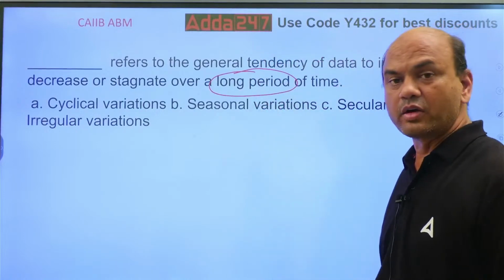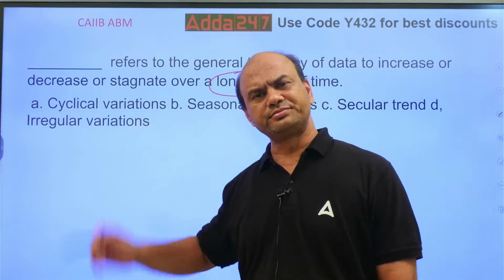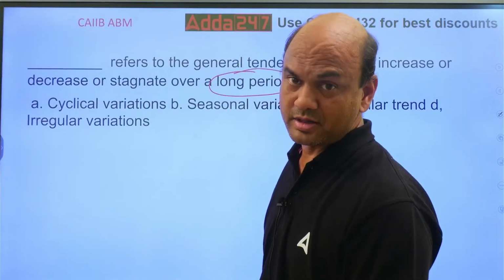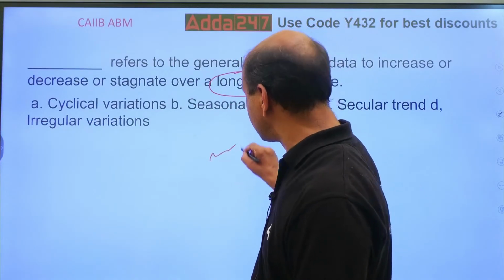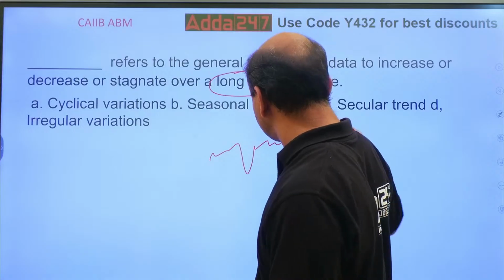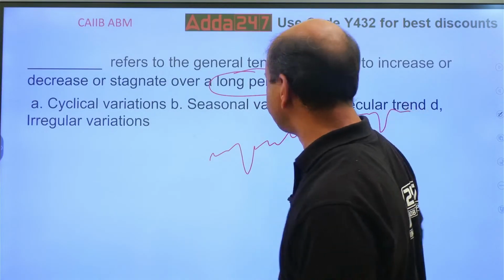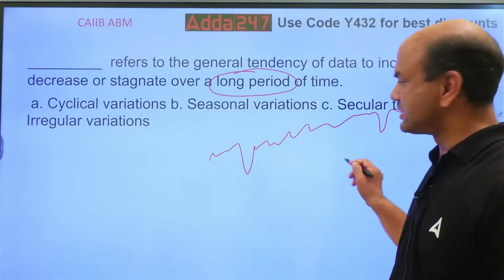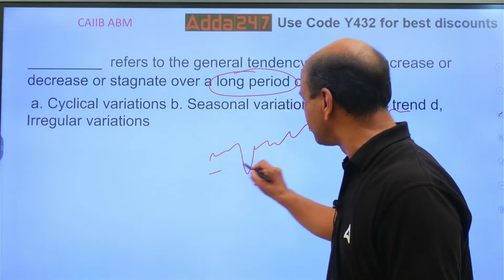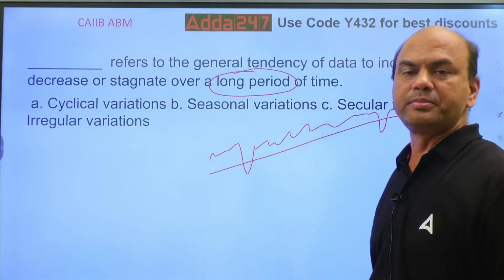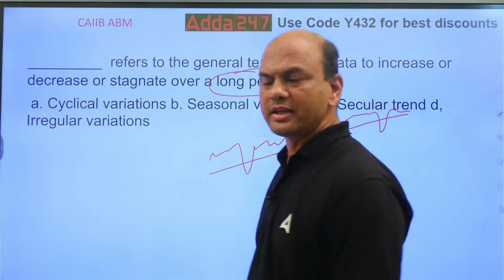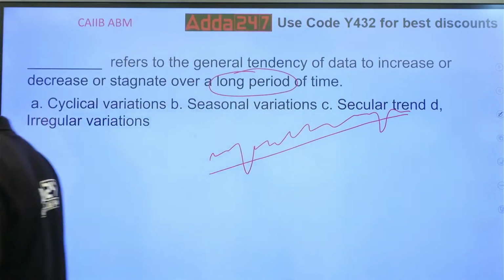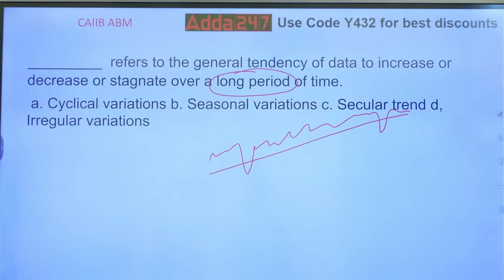Secular trend is long term. Take the stock market. How does the stock market move? Like this. But in the long run, if I draw a line, you see it's moving up. So generally, in the longer term, the secular trend will move upwards.